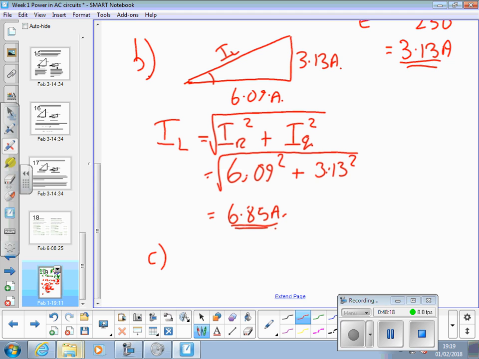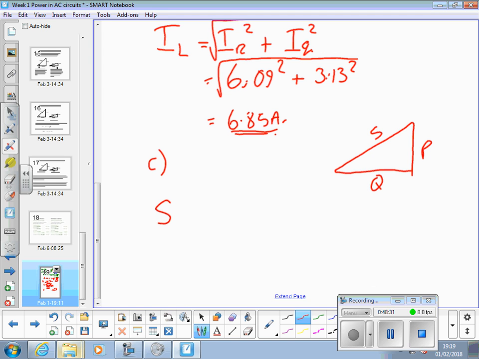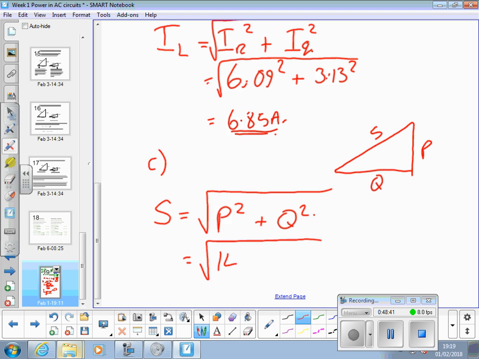So here's our triangle, P, Q, which have been given in the question. We want to know S. So S is equal to the square root of P squared plus Q squared. That's equal to 1400 squared plus 720 squared.